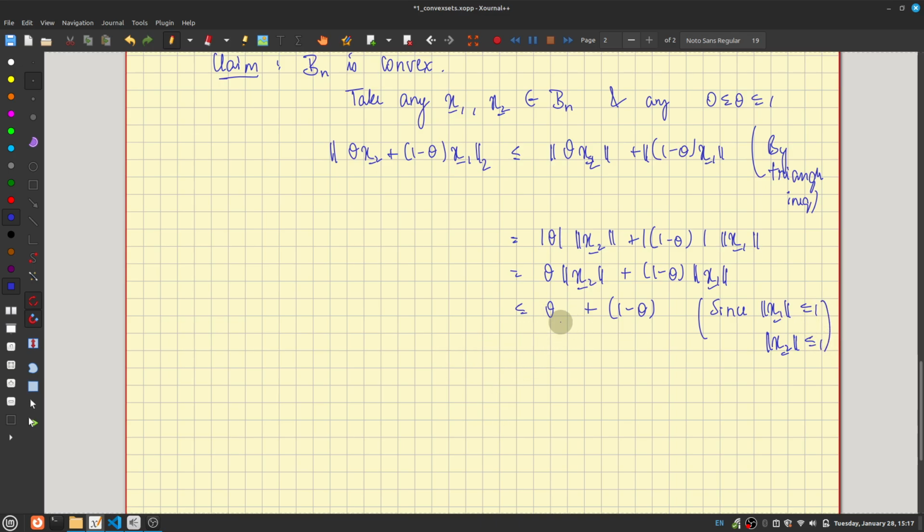So this is less than or equal to theta plus 1 minus theta, which is 1. So the norm of any such combination, theta x2 plus 1 minus theta x1, where theta lies between 0 and 1, is less than or equal to 1.